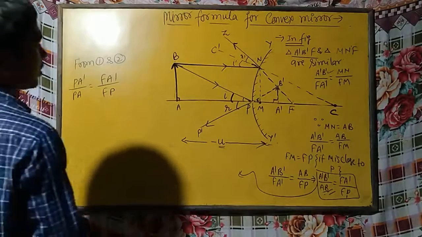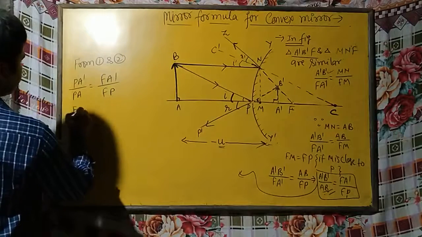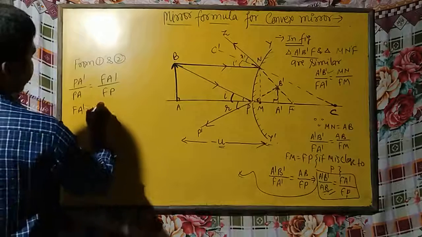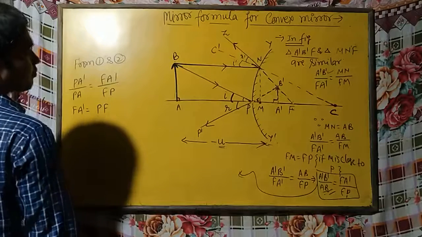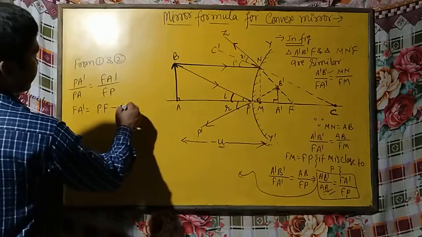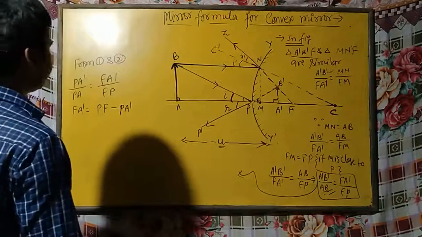Now fa dash is equal to pf minus pa dash. You can write like this.